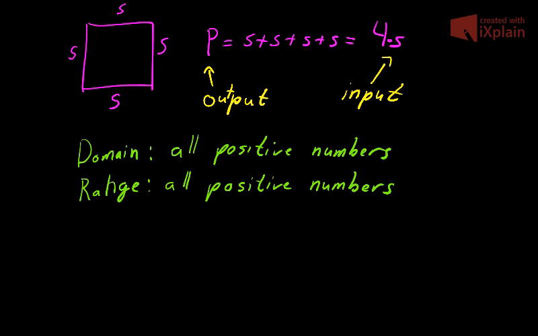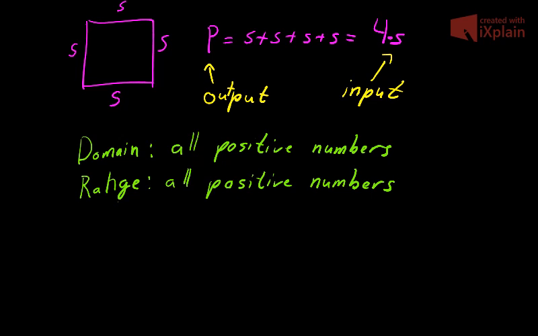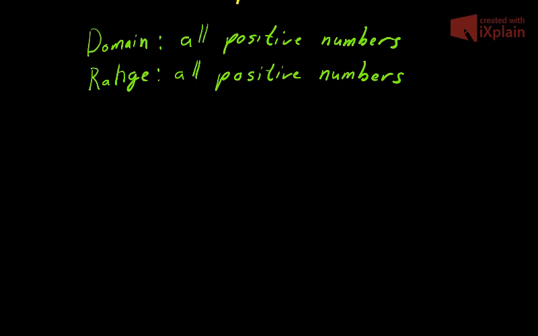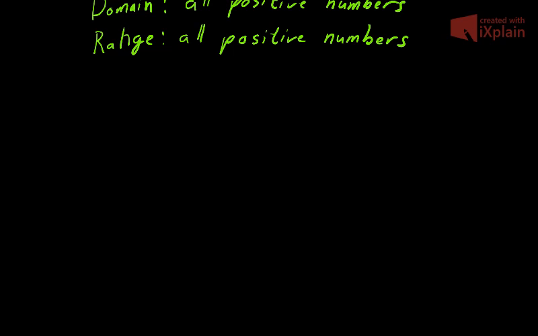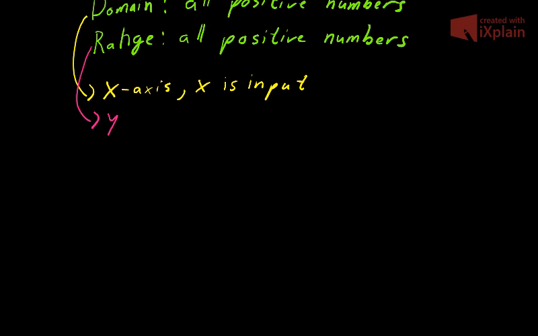And that's going to tell me where I need to graph. So I'm going to make a graph. Our domain is going to have to do with the x-axis because x is going to be my input. And then my range is going to be with the y-axis because my y is the output.